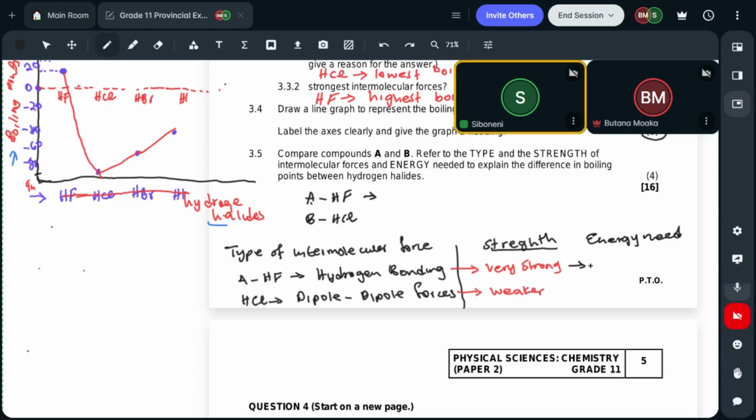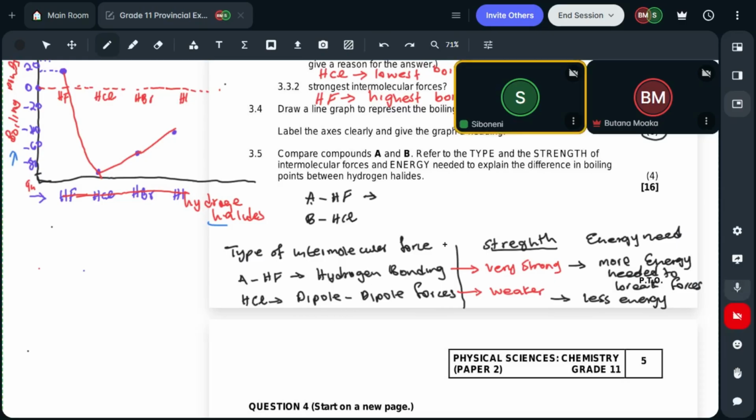Obviously, the strong one needs more energy to break the forces. And this one needs less energy. I think I did give you the answer on this one.